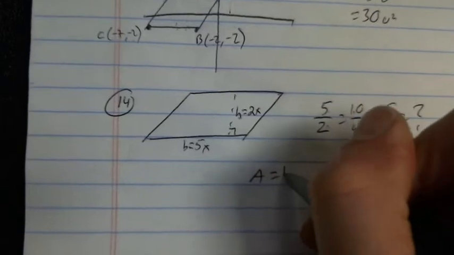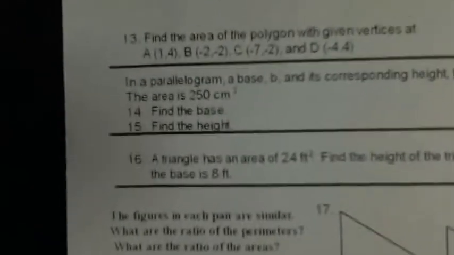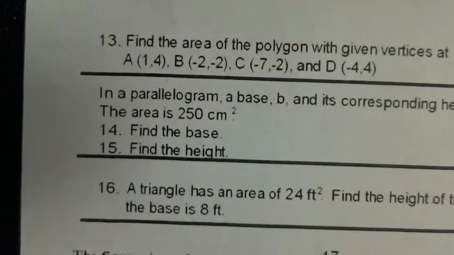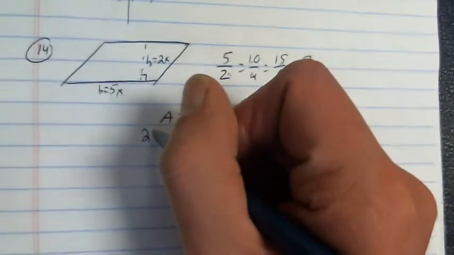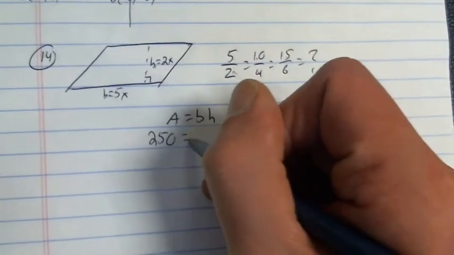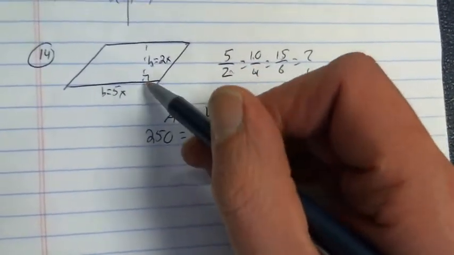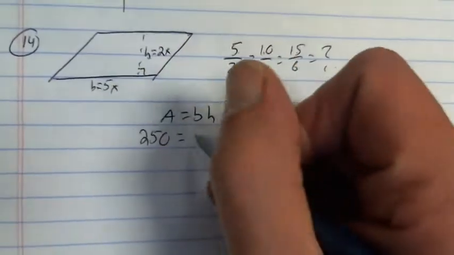Area equals base times height. The area was given to us in the problem as 250 square centimeters. Our base b was 5x.